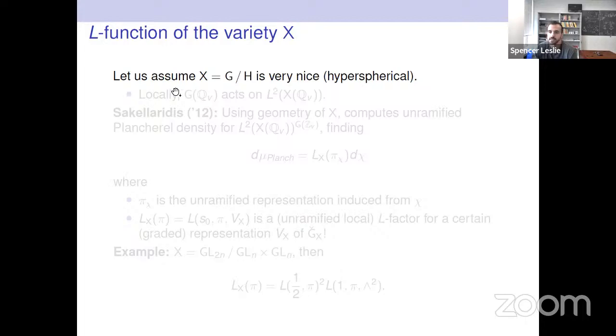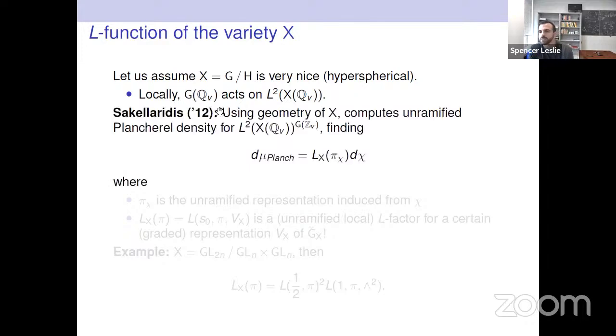And it turns out that this is essentially a local question. So locally, what one considers is the action of your group on L2 of your variety. So this gives you some large vector space on which G acts. And one is interested in its decomposition. That is the local variant of the period question.